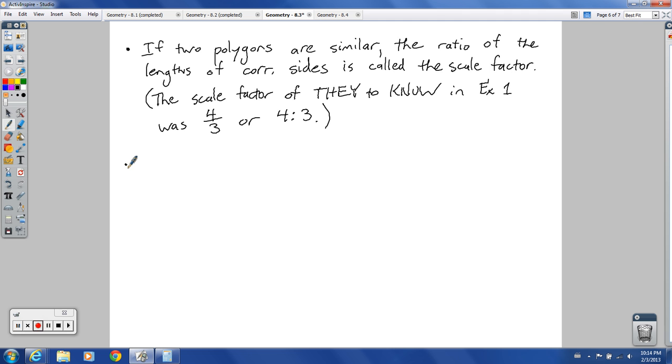And then a theorem. Theorem 8.1. First theorem, wow, that's a long ways to go for a first theorem in a chapter for geometry, but 8.1, first theorem in this chapter.